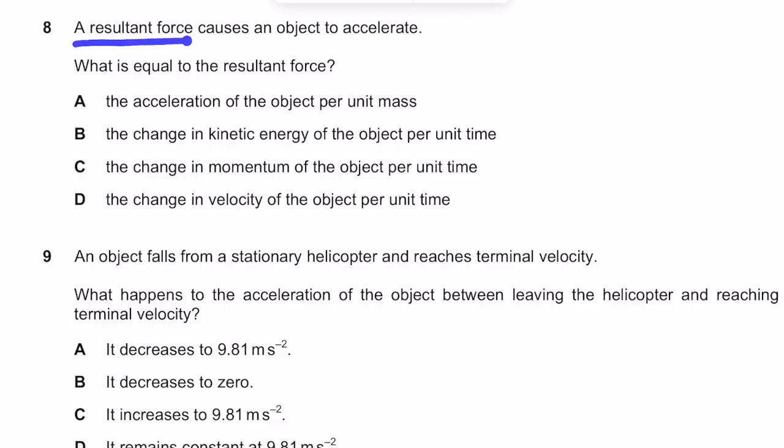A resultant force causes an object to accelerate. What is equal to the resultant force? This is again checking your memory. Newton's second law equation is net force is change of momentum over change of time. So this is the definition of resultant force.